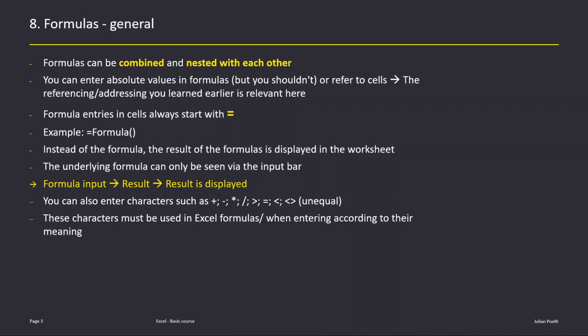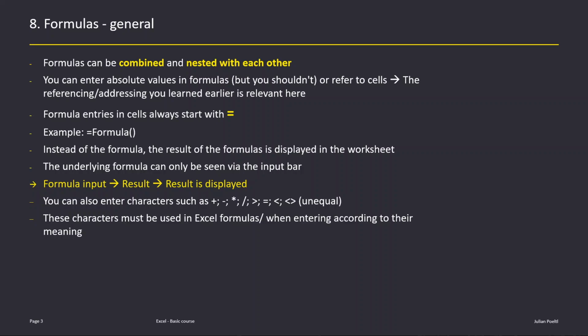Why you shouldn't put absolute values in a formula: if there is an update or something like this, the formula will not update automatically when you don't go right into the formula and update the absolute value there. So make a cell where you put in the value and reference that cell.